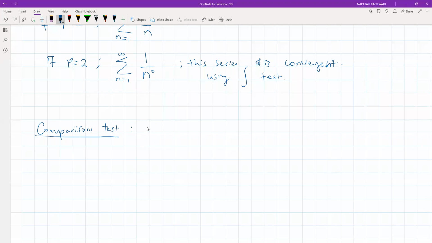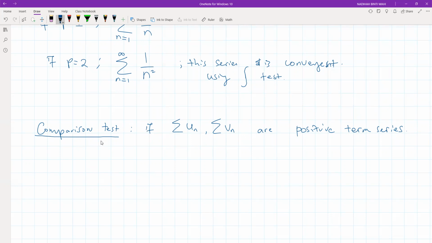Okay, let's say if Un and Vn are positive term series. Maksudnya every term in the series are positive, so bigger than 0.